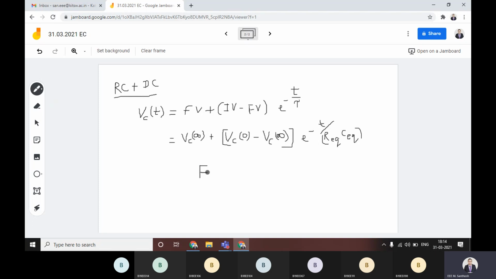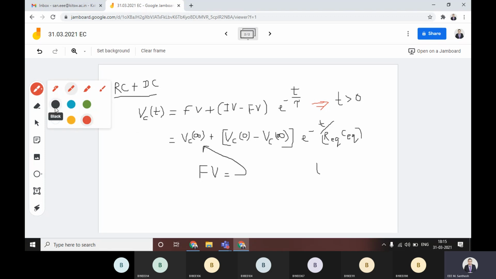Whenever you are calculating the final value, directly the final value is Vc of infinity, when t tends to infinity. This expression is for t greater than 0. This is in volts. Whenever t is greater than 0, this expression will be valid, the voltage across the capacitor calculation.